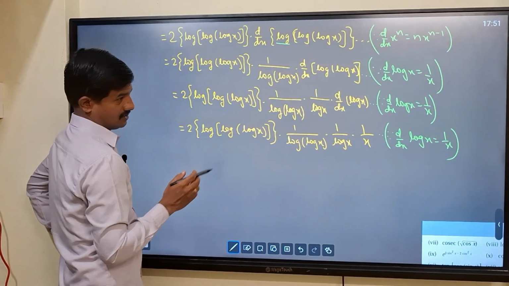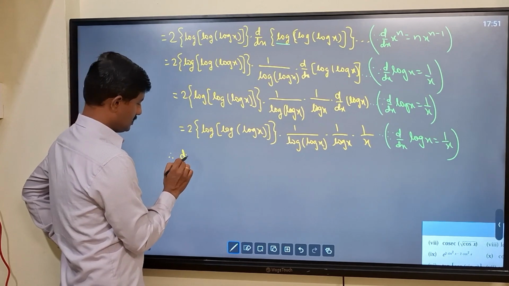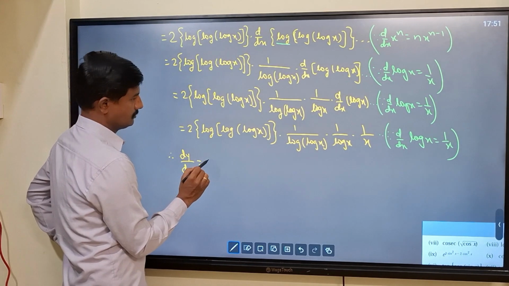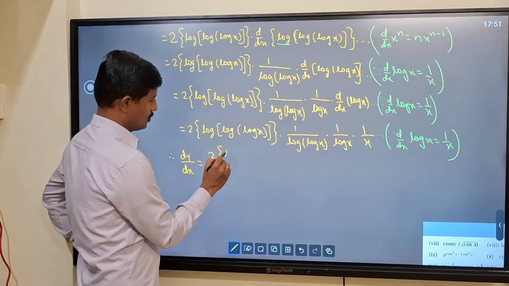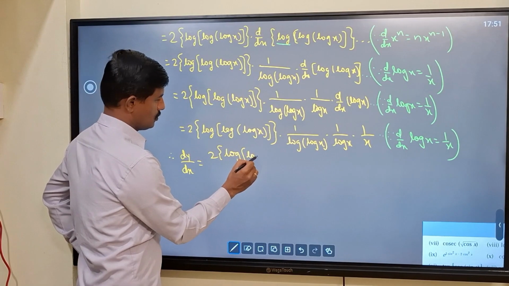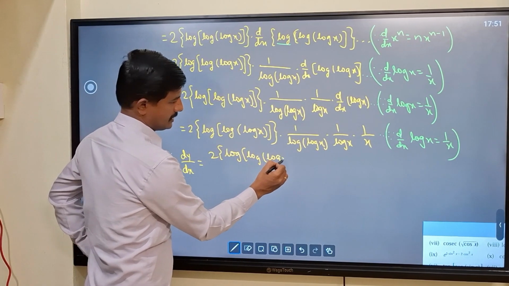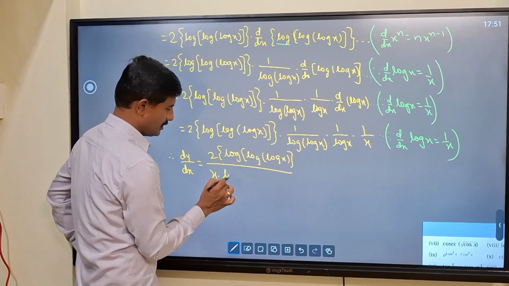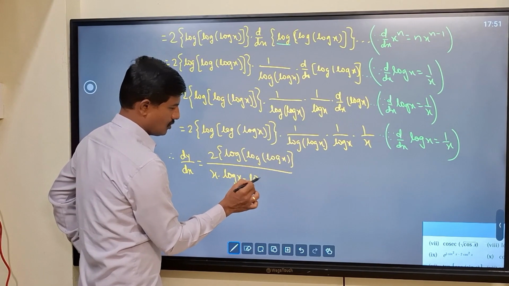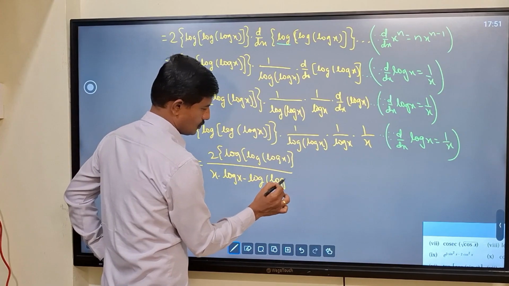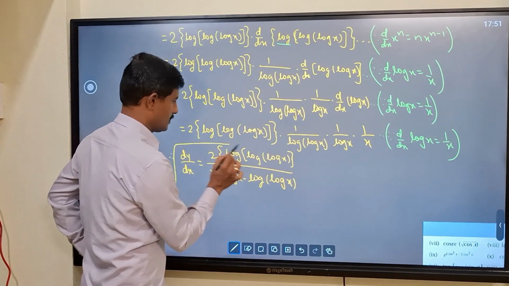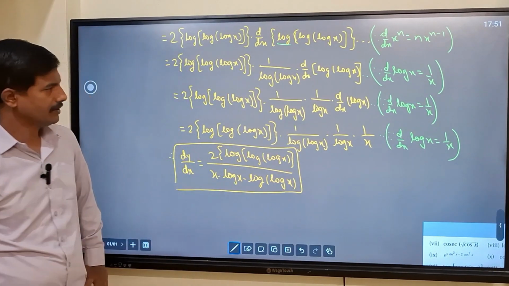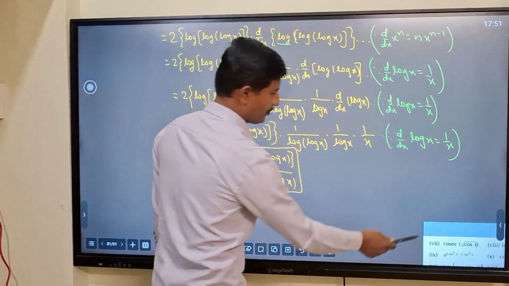Okay, so last rearrangement: dy by dx will become 2 log of log of log x upon, I will write down this x first, then log x, and then log of log x. Okay, this is your answer.